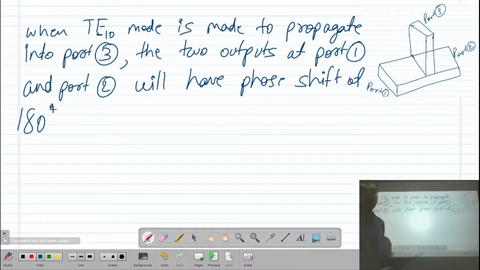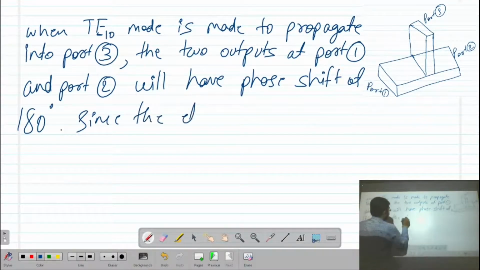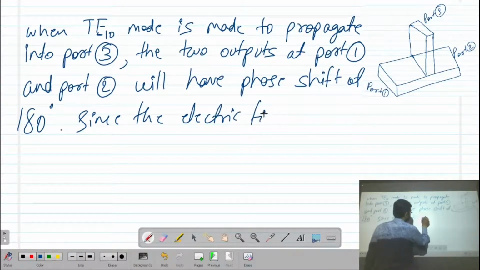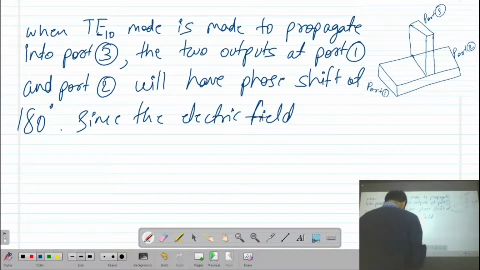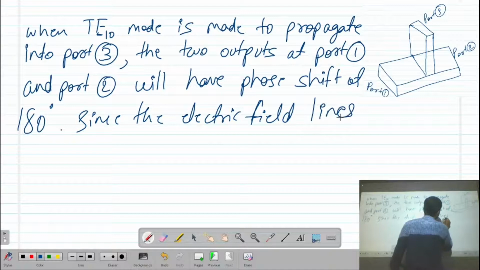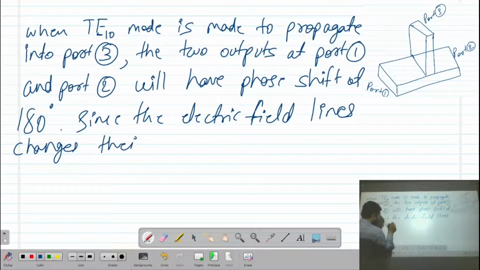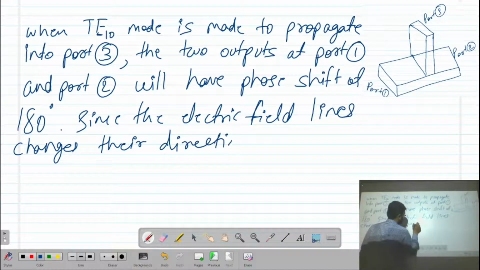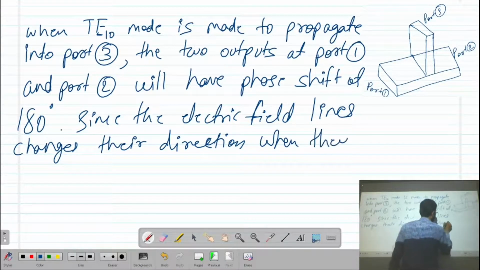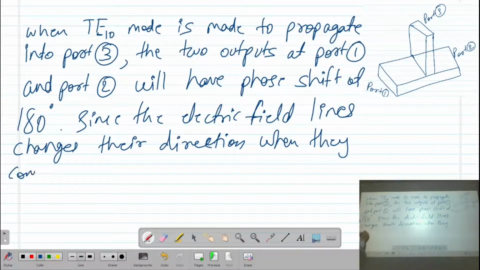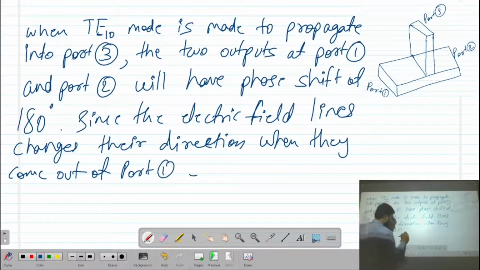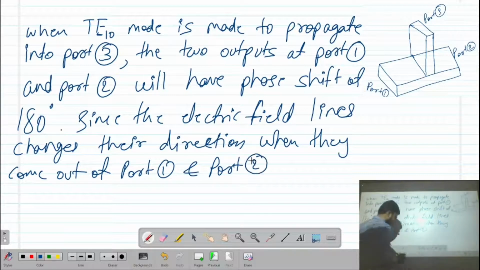Remember, we will have phase shift of 180 degree since the electric field lines change the direction when they come out of port 1 and port 2, right?